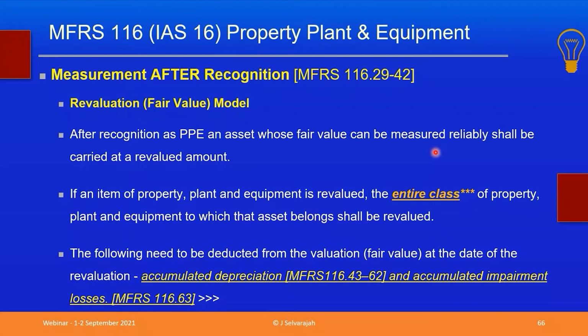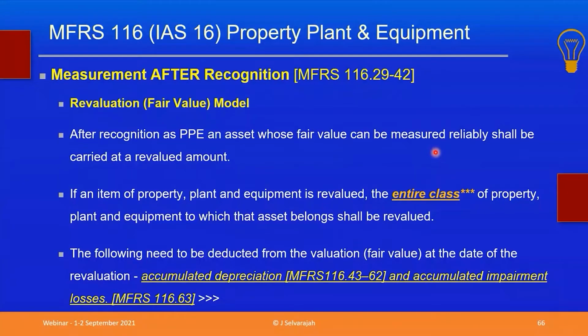And it becomes even worse when the entry cost to your industry is very high. That means you need to have a very high capital in order to start up an industry like this. And your machine is sitting there. So you have a very good machine, very high quality, but there is no market anywhere because people don't want to buy. How do you determine the fair value? The fair value is the exit price.